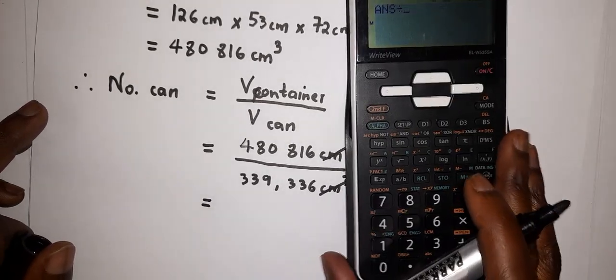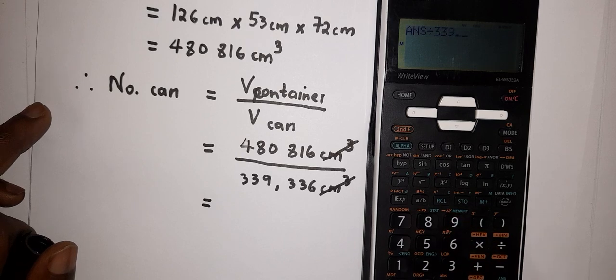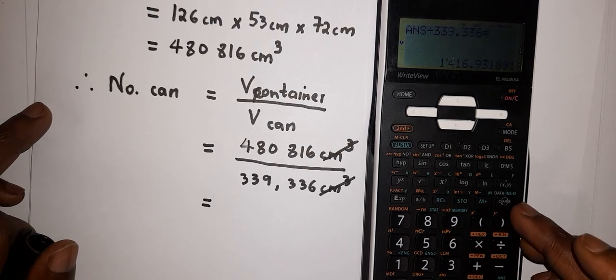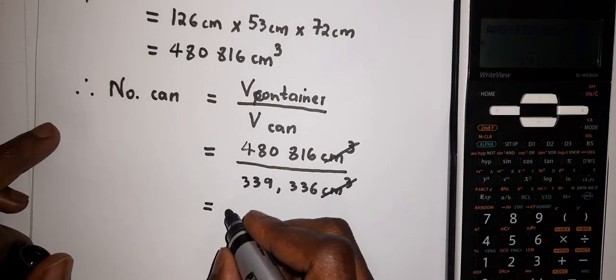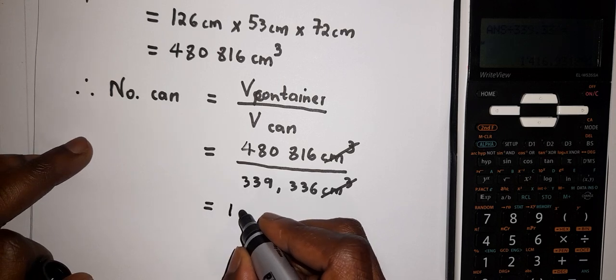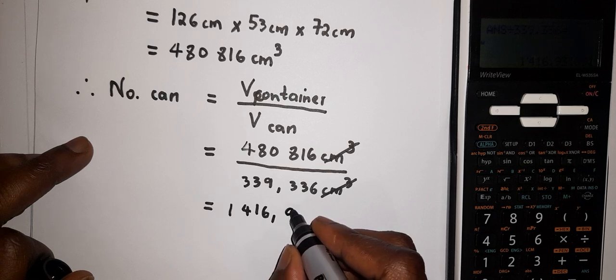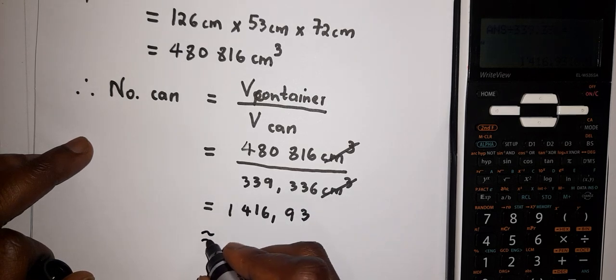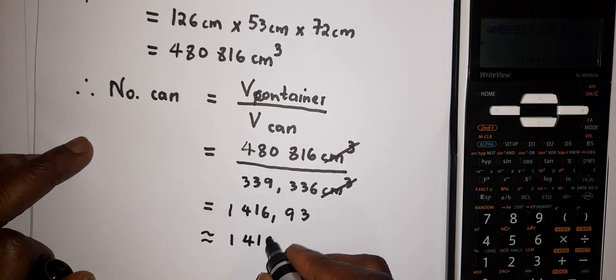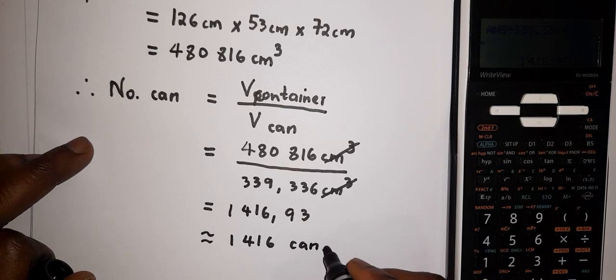So doing this one, it would say these are the number of cans that we can fit in, 1416.93, which would be approximately 1416 cans.